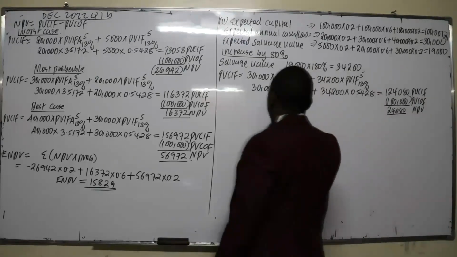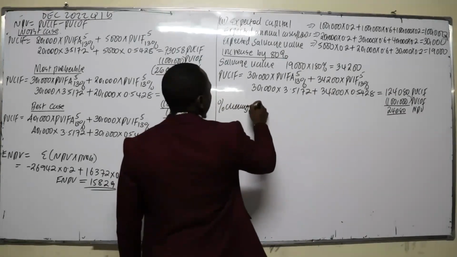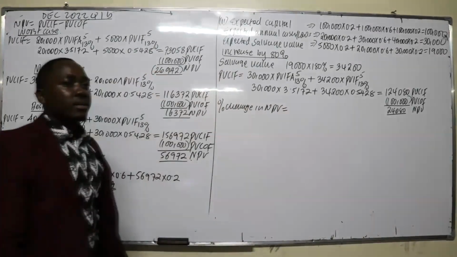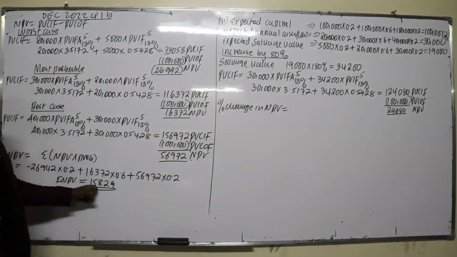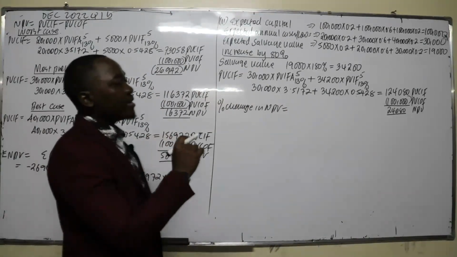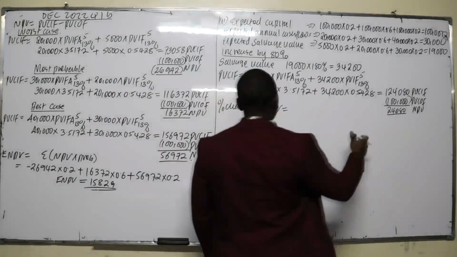Now you can compute percentage change. NPV. So this was the base case NPV, 15,829. If the salvage value increases by 80%, NPV increases to 24,080, you get the change.